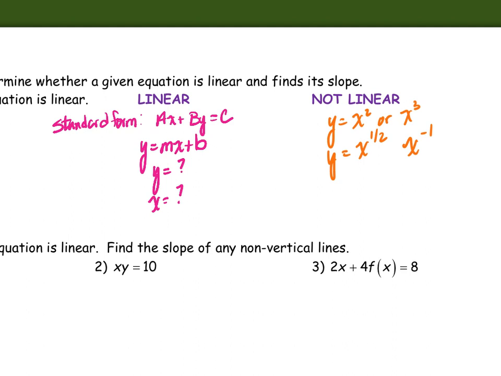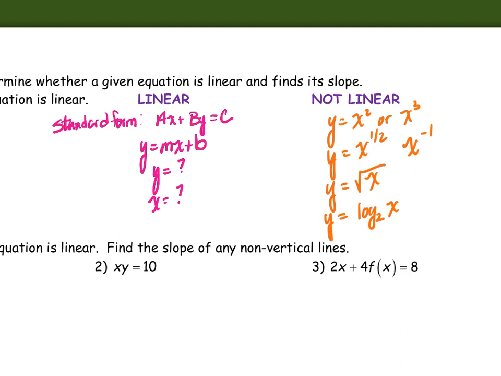Okay. If I'm doing anything weird to my exponent, like a square root or y equals log base something, log base, let's say 2 to the x power, that's something we haven't even learned yet, not linear. Anything like that's not linear. So those would not be linear.